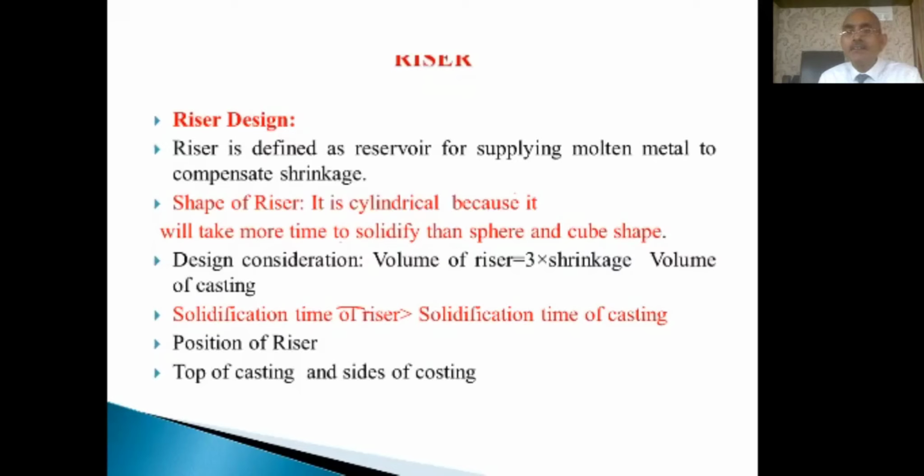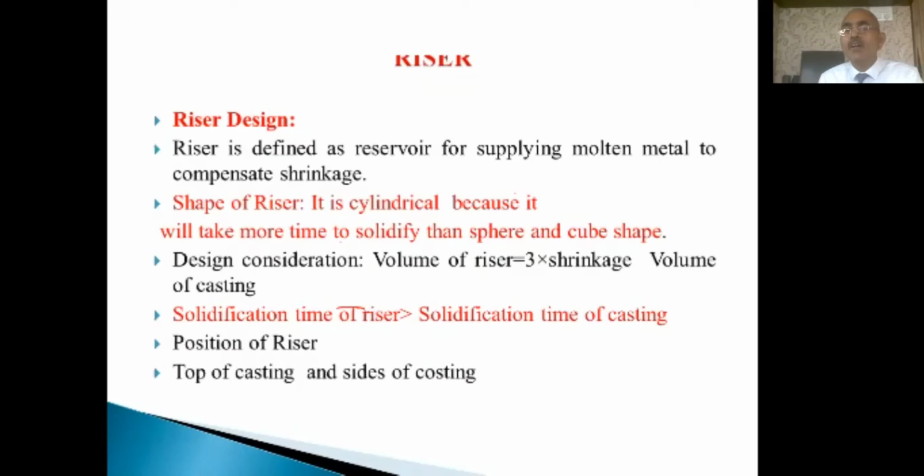Thus, in design consideration, how much volume of riser should you design? Suppose a metal in this casting, volume A, will shrink. So you must make the capacity of the riser 3 times the shrinkage volume of the metal.